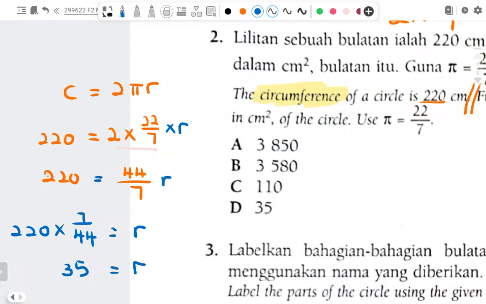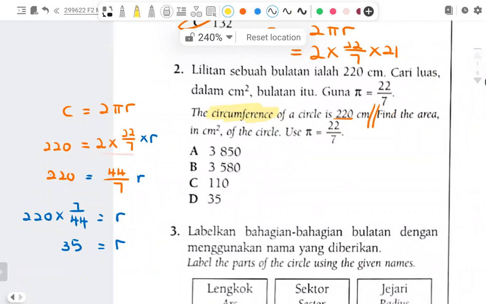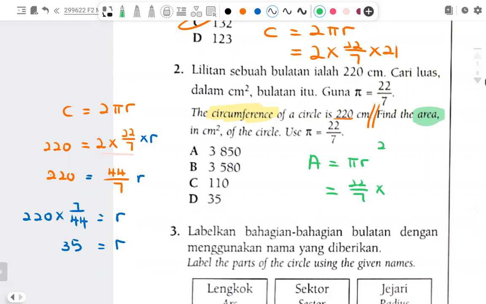The answer is not D, not yet, because the question needs us to find area. Proceed to the second formula. To find area of the circle, formula pi r square. Pi times radius times radius. Pi is 22 over 7. Radius is 35. So times 35 square.